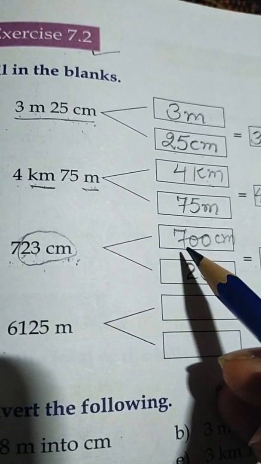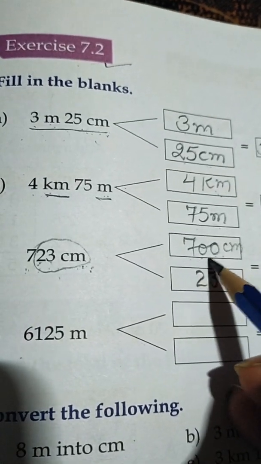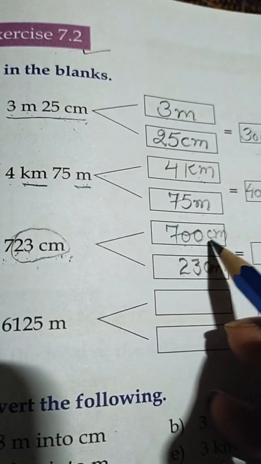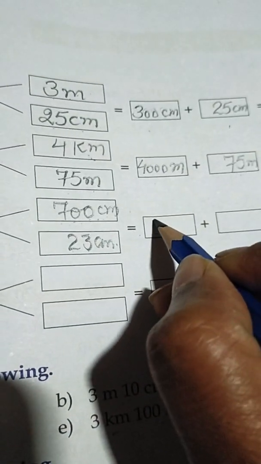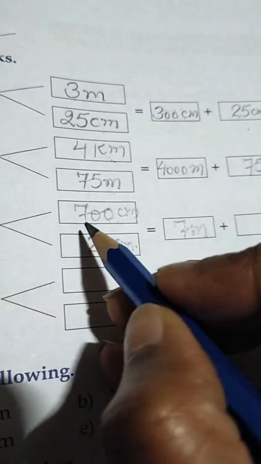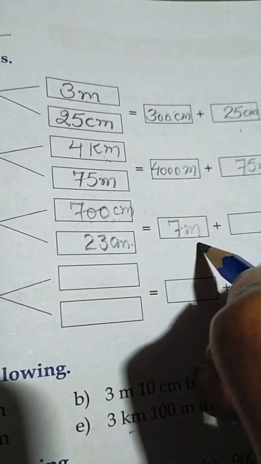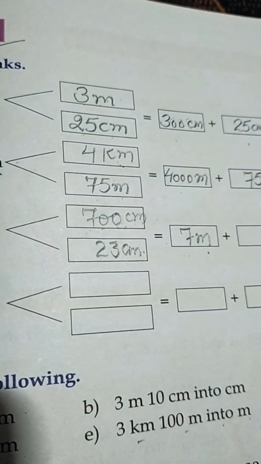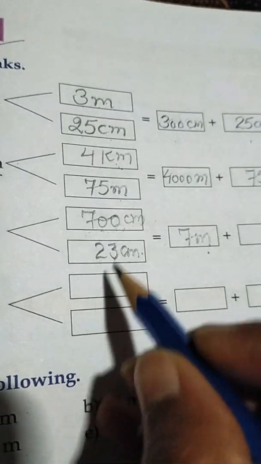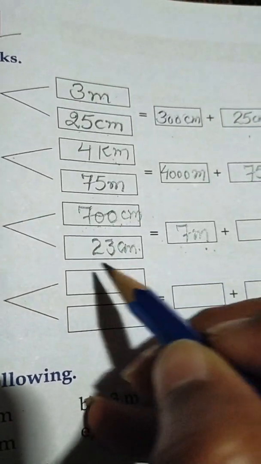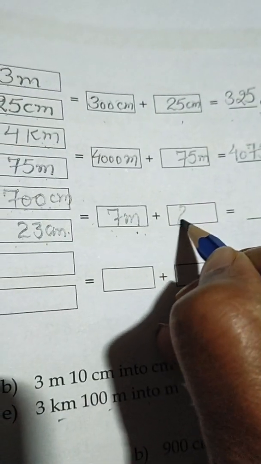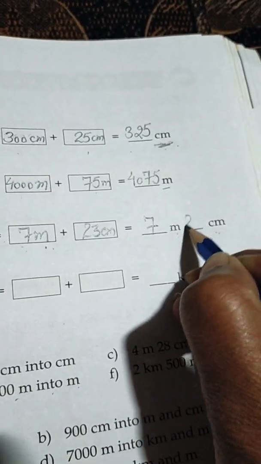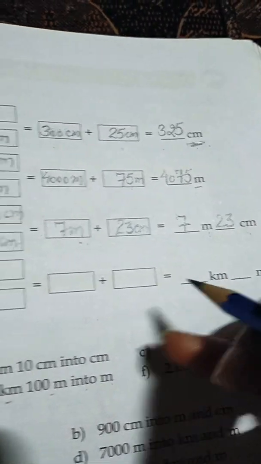That's why we have written here 700 centimeter and 23 centimeter. Now 700 centimeter means 7 meter, because 100 centimeter means 1 meter, 200 centimeter means 2 meter. In this way 700 centimeter means 7 meter and 23 centimeter. Here we will get 7 meter 23 centimeter.